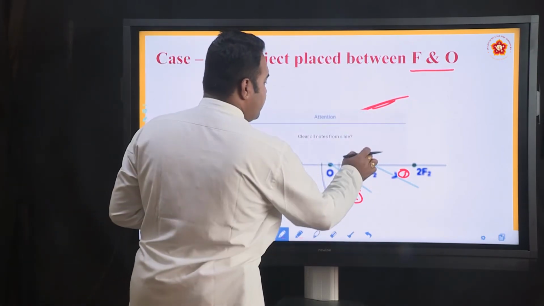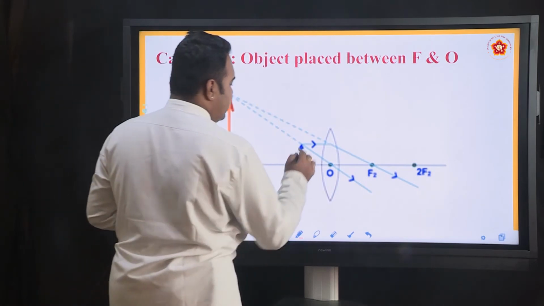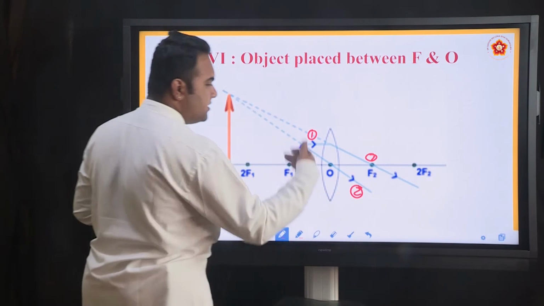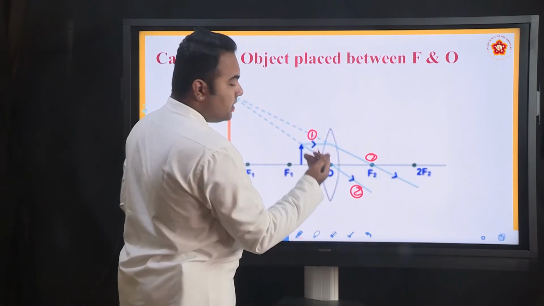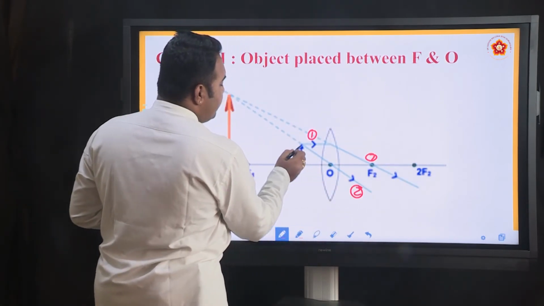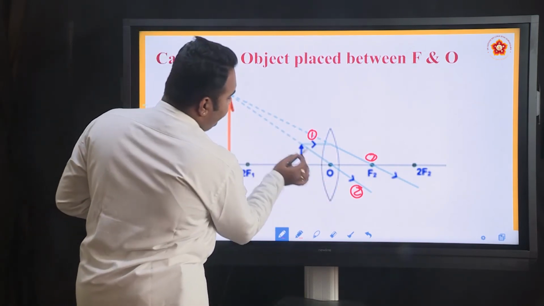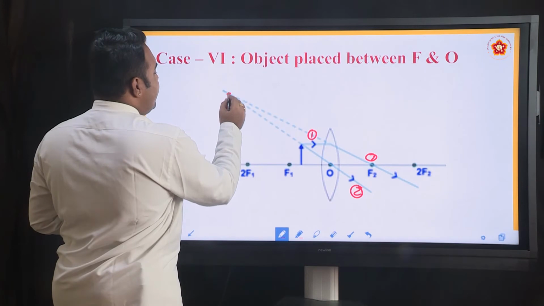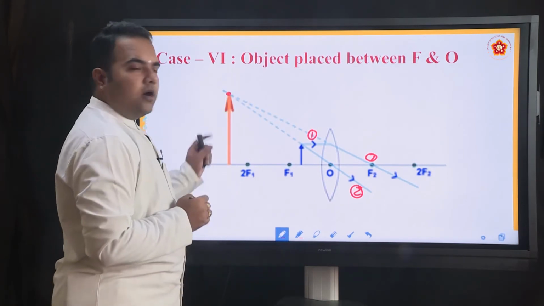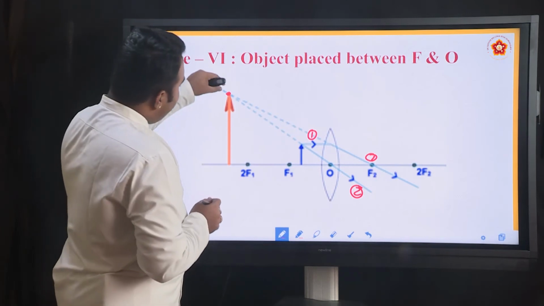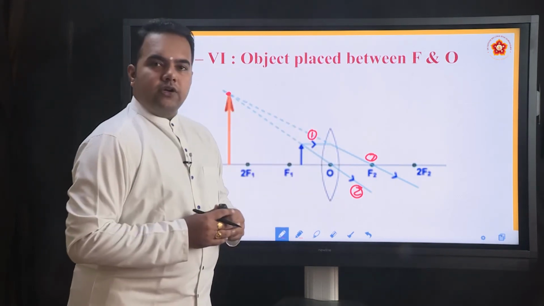So therefore, the first ray and the second ray don't meet on the right side of the lens, and if we extend ray 1 and ray 2 back, it appears as if they are meeting at this point. It is only appearing as if the light ray has started from here and they are diverging and going off.